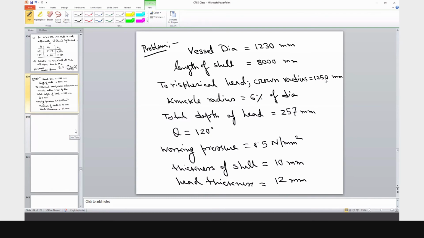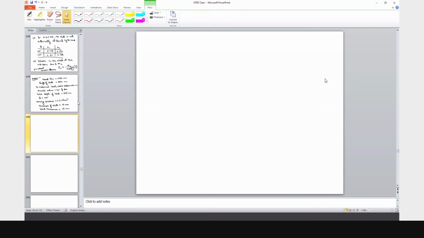Next, corrosion allowances 1.5 mm. Permissible or allowable stress 95 Newton per millimeter square.